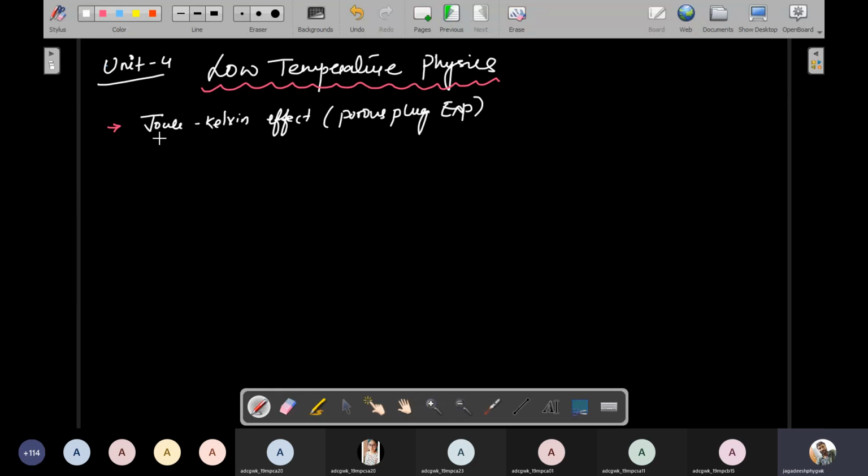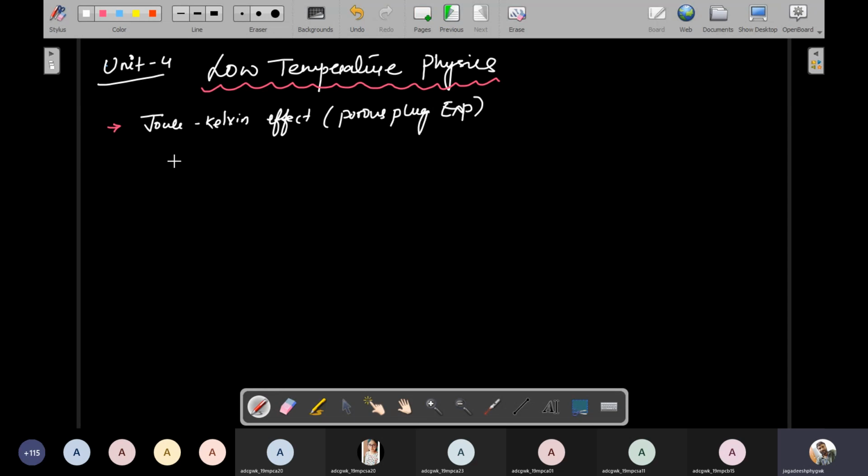But here I am not finding the changing entropy. I am studying the porous plug experiment, that is the internal energy derivation. So this topic is different and that topic is different. Please remember that, it's very important.